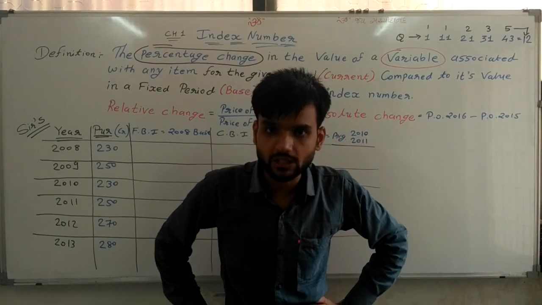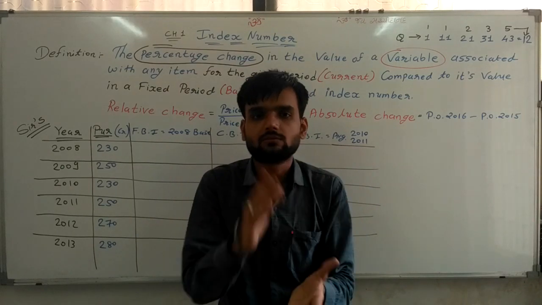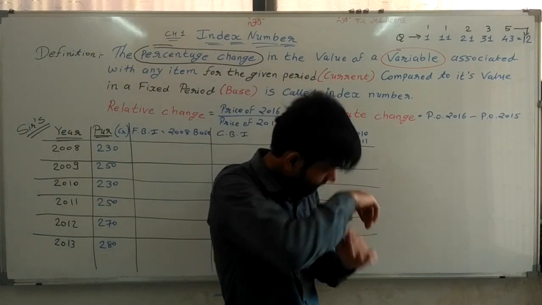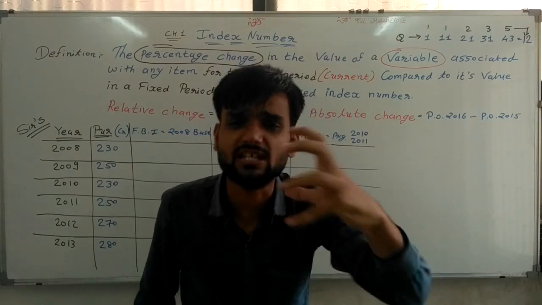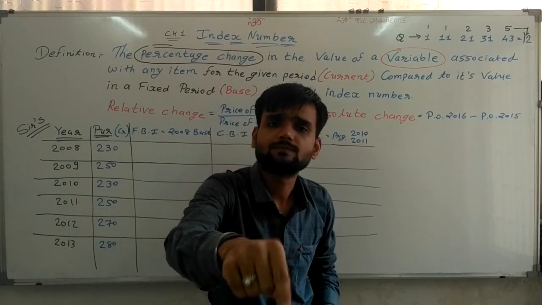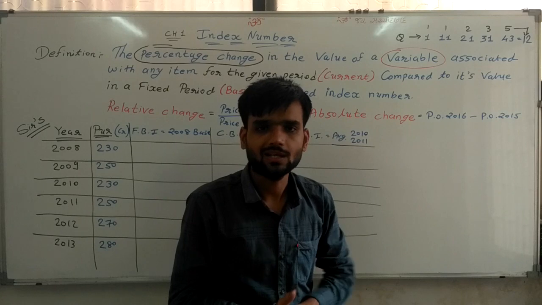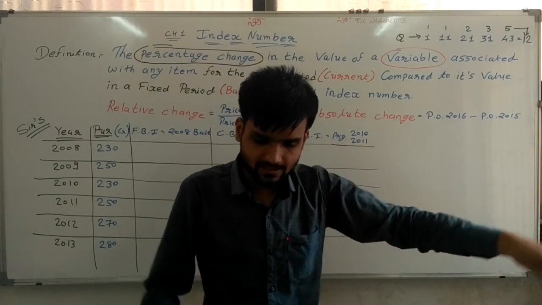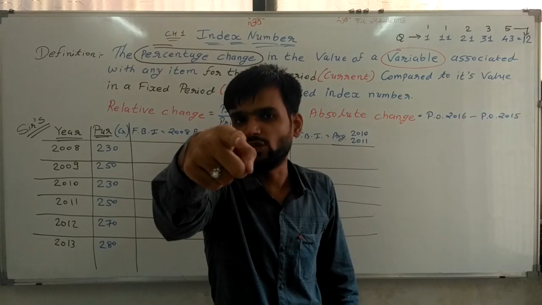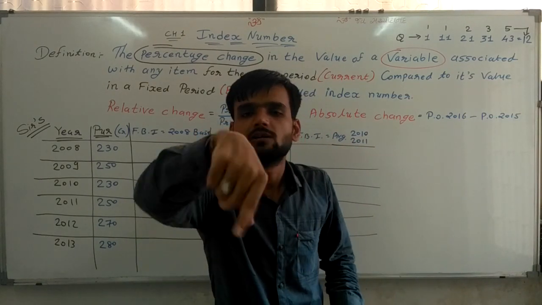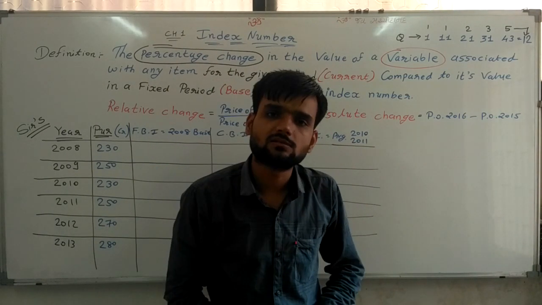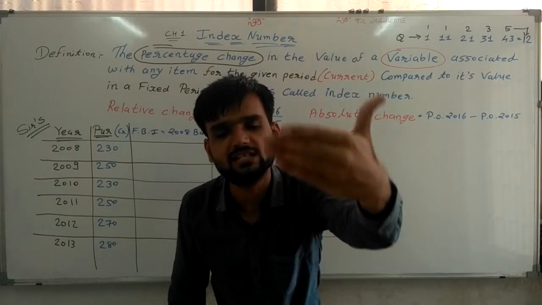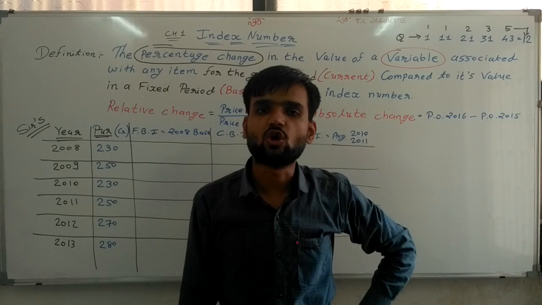Now if we want to compare it, how many rupees is the increase in the price of the marker? Sir, simple. 10 rupees was the price, now the current price is 15 rupees. From the current price, deduct the past price. So 15 minus 10, 5 rupees increase in the value of the marker.